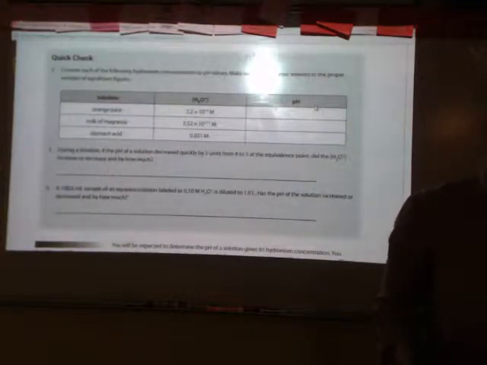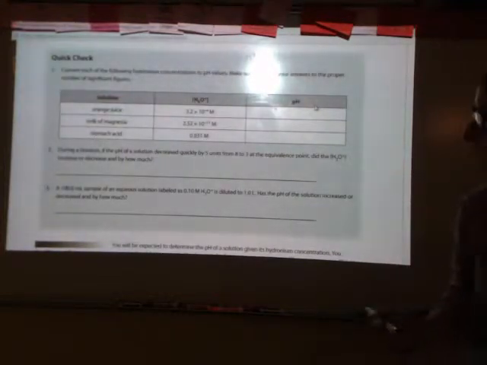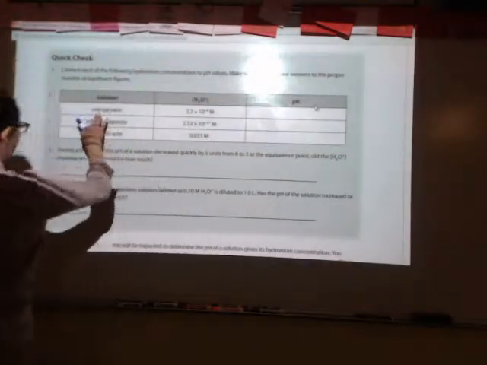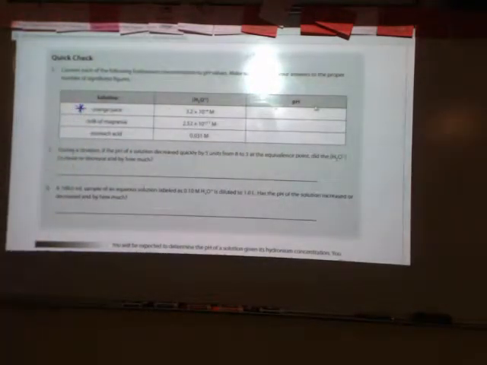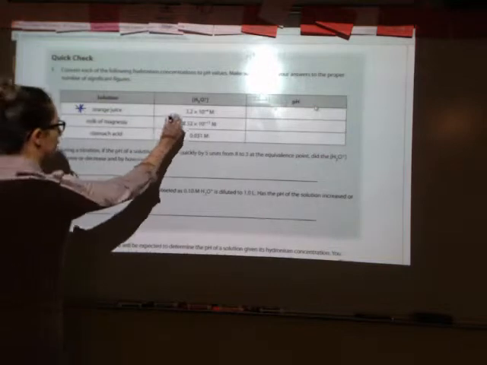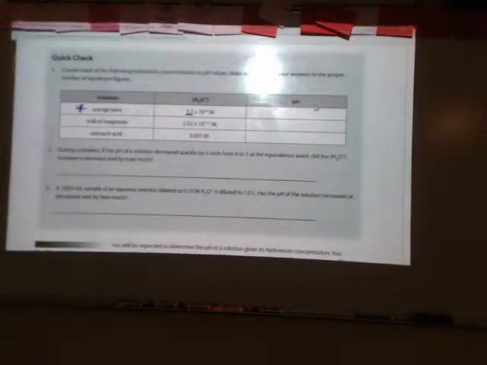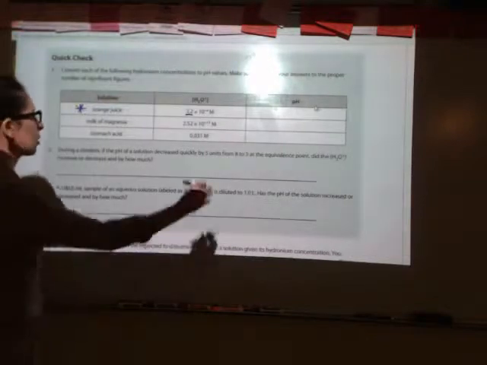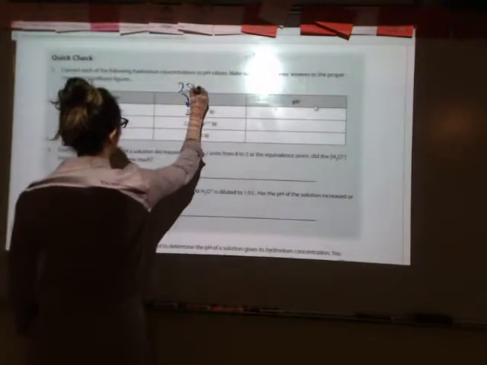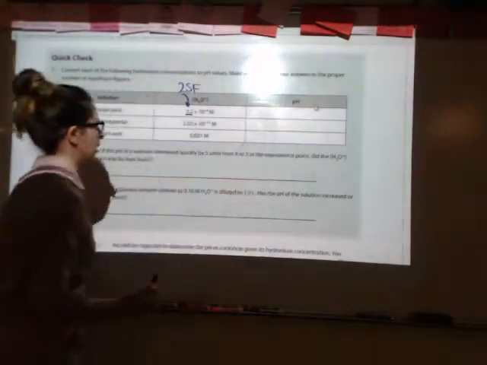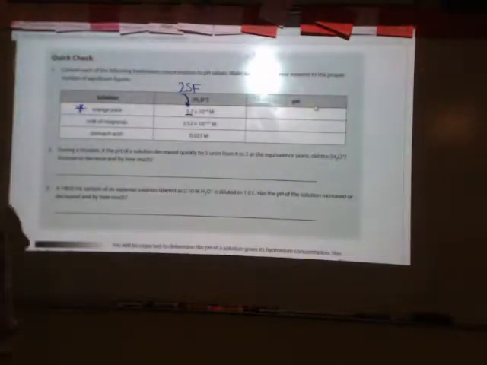Let's take a look at the quick check. If I have an orange juice solution and it's got a hydronium ion concentration of 3.2 times 10 to the negative 4th molarity, how many sig figs is that? 2. So if I have 2 sig figs here, how many places past the decimal should my pH go? 2.